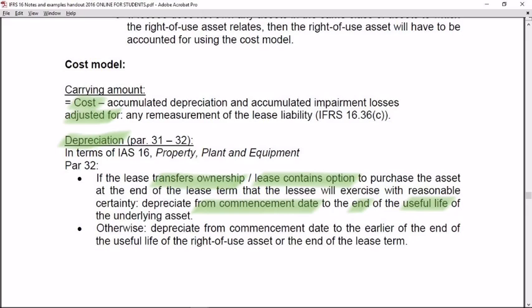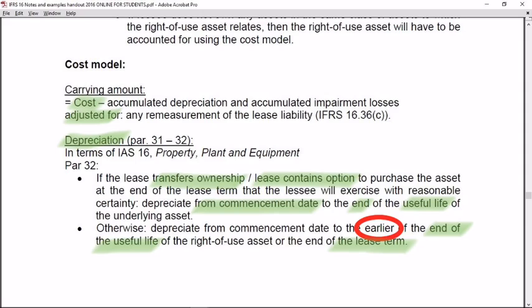Otherwise, if ownership does not transfer, you depreciate this underlying asset from commencement date to the earlier of the end of the useful life of the right of use asset or the end of the lease term.